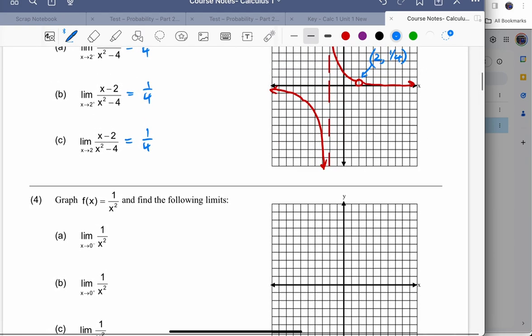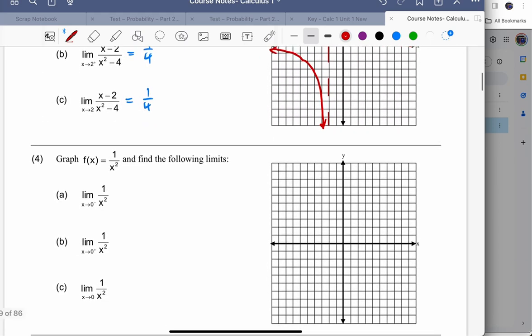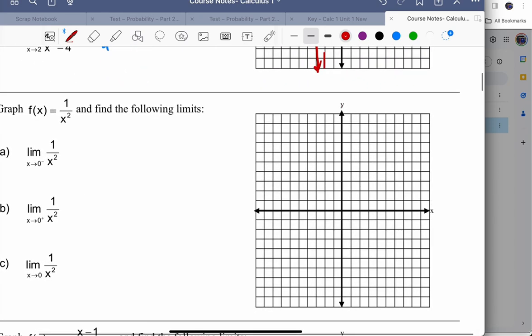A couple more, then they go fairly quickly, so I'm not going to keep you too much longer. So f of x equals 1 over x squared. No x-intercept. Vertical asymptote at the y-axis. And that's again because there's no common factor top and bottom, so I don't have to worry about there being a hole.